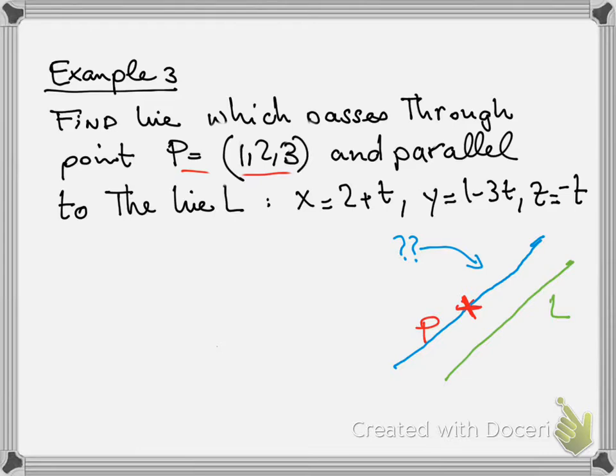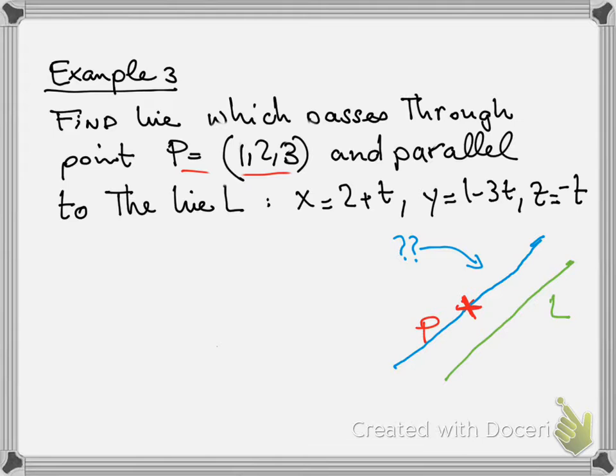So now the problem is to find the direction vector of this blue line. Remember, a direction vector is a vector which is parallel to the line. This blue line is parallel to the green line, right? So now the question: do you know the direction vector of the green line?